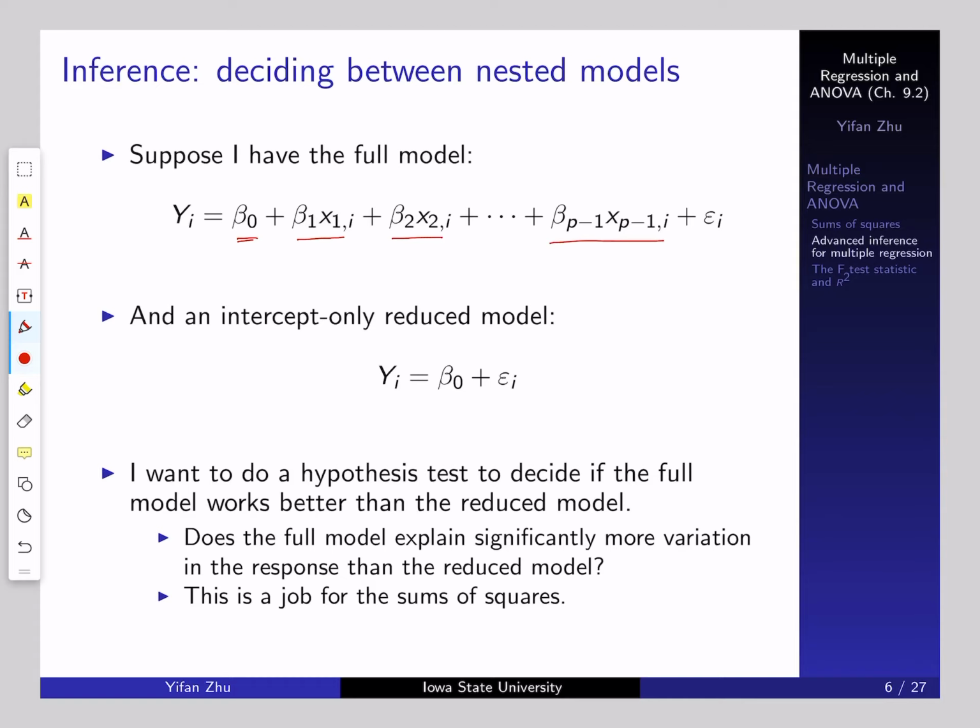So p parameters, and there are p minus 1 predictors, because we have one parameter for the intercept. And the intercept-only reduced model has only one parameter, which is the intercept.